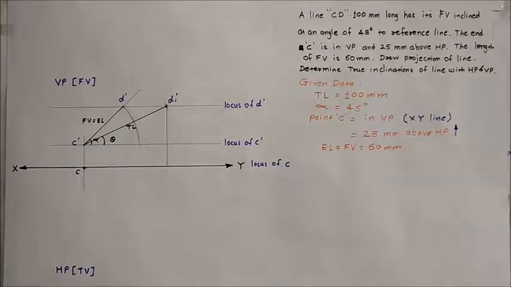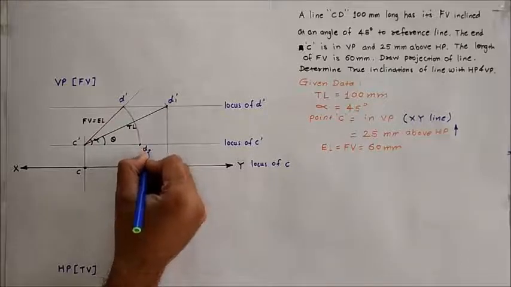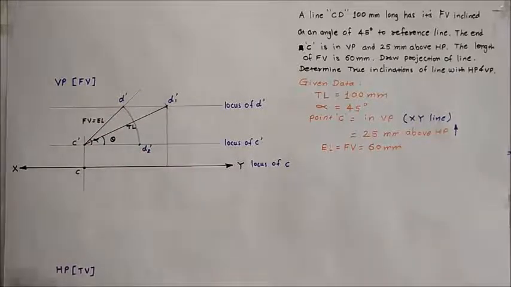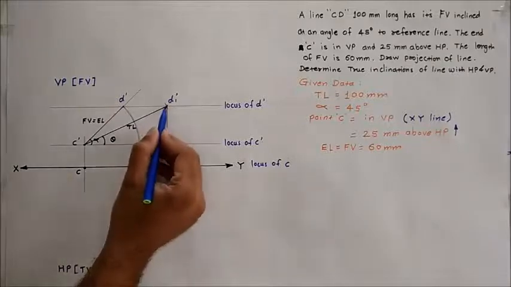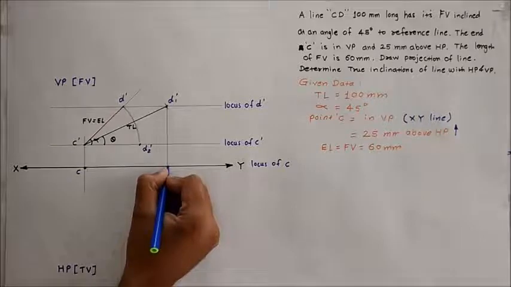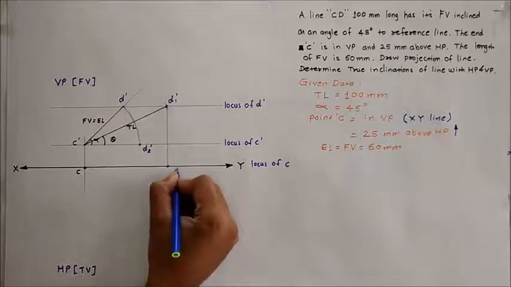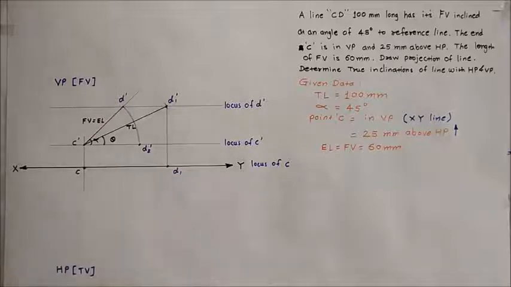Give the nomenclature to that point as D2 dash. The projection line which starts from D1 dash and meets the locus of point C, give the nomenclature to that point as D1.